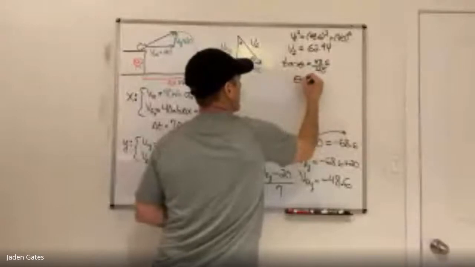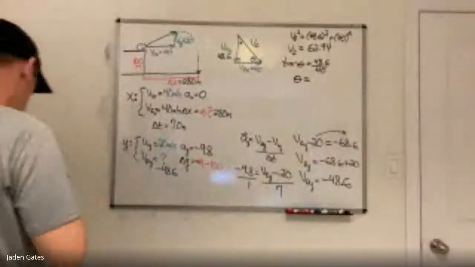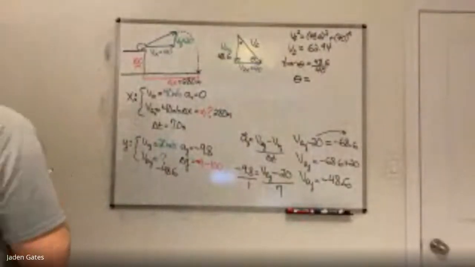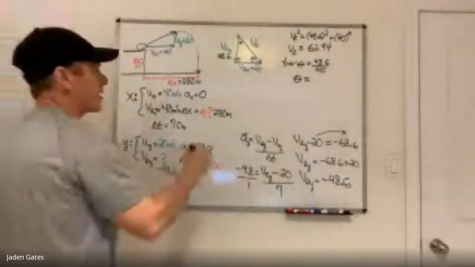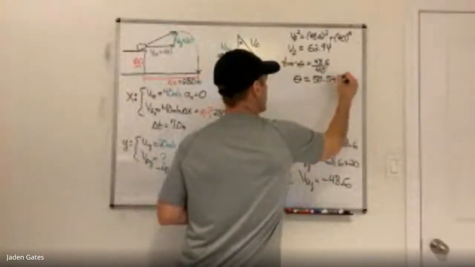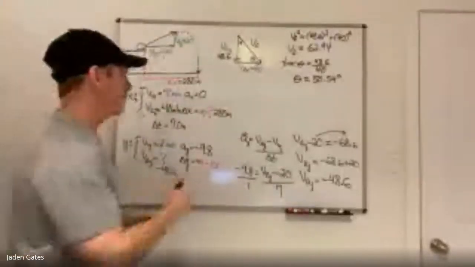I take my calculator, 48.6 divided by 40, then tan inverse, and I got my angle to be 50.54 degrees.